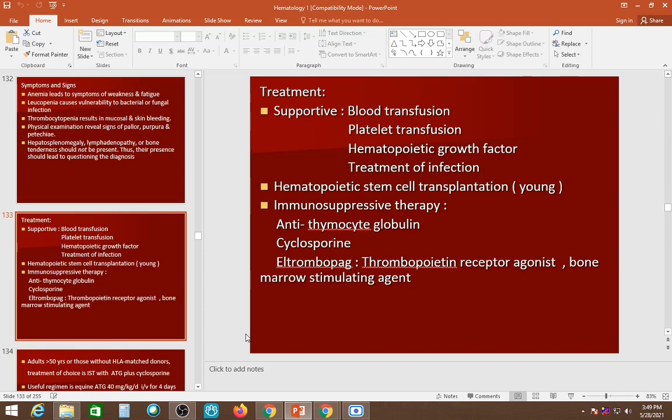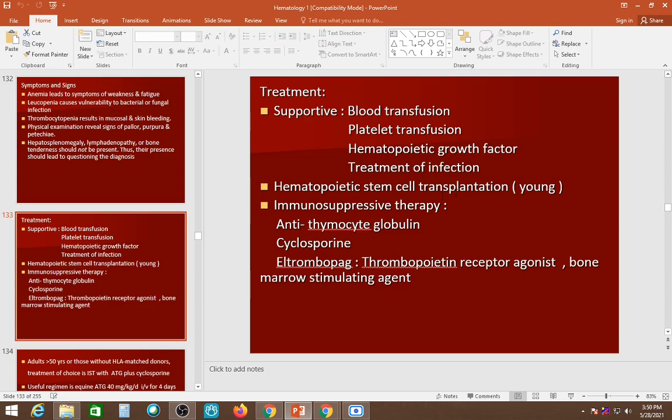And what is that? We give a combination of anti-thymocyte globulin, cyclosporin, and also eltrombopag. Eltrombopag is basically a thrombopoietin receptor agonist, and it is a bone marrow stimulating agent. So these are the immunosuppressive treatments that we give for patients of aplastic anemia.